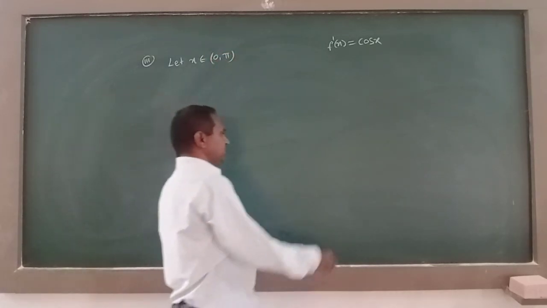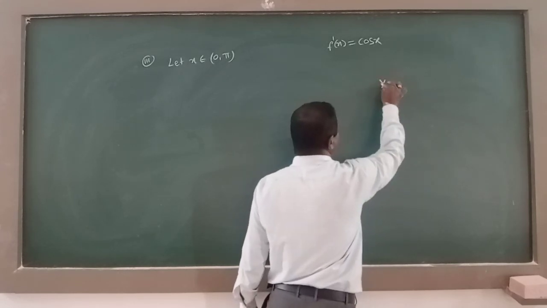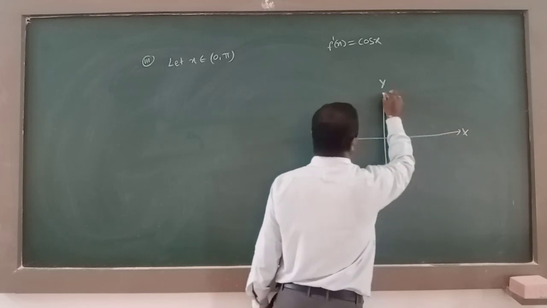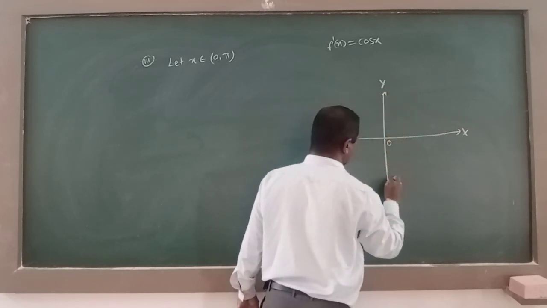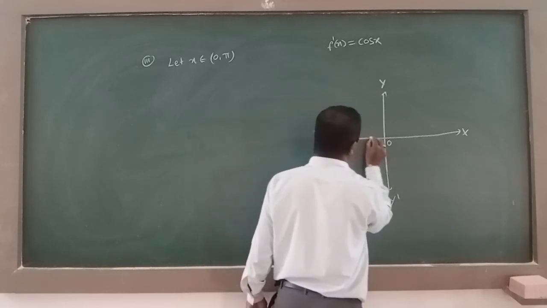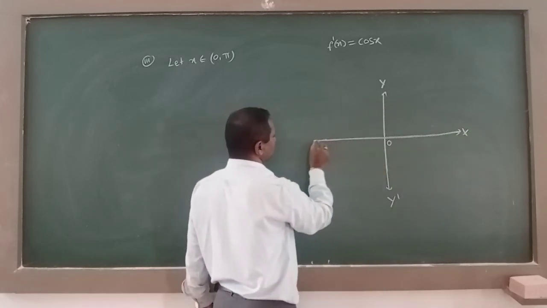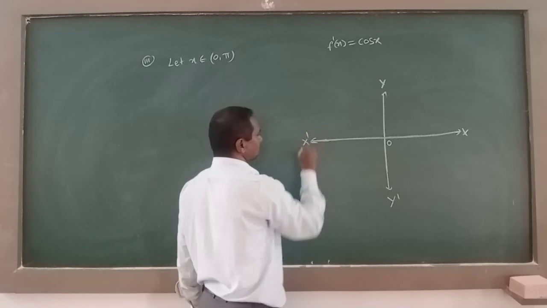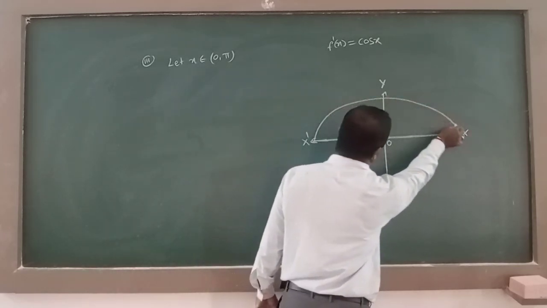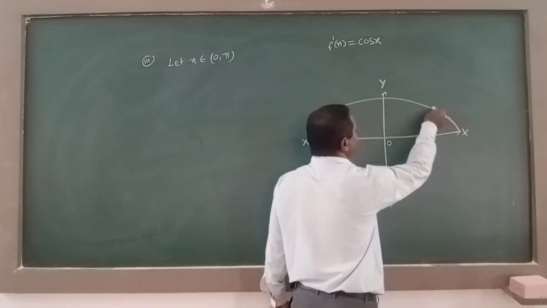See here, if you observe, this is the y-axis and this is the x-axis, y o y dash and x o x dash. Here it is increasing up to pi by 2.